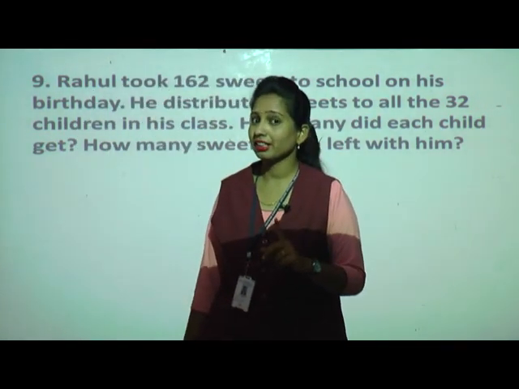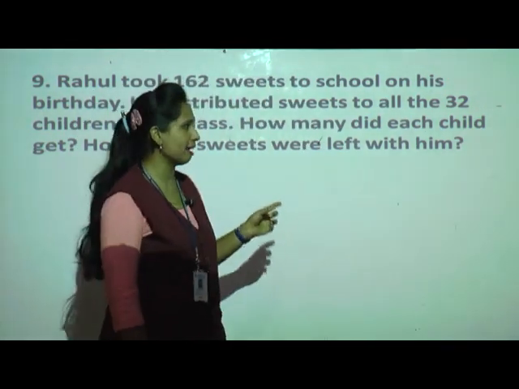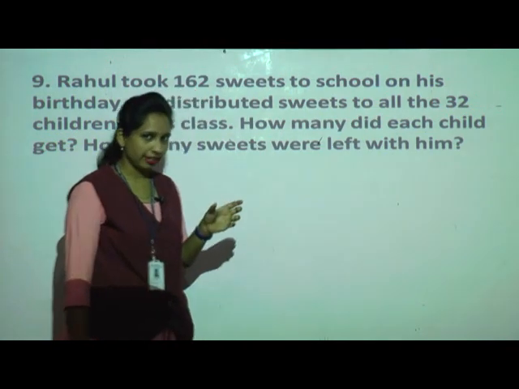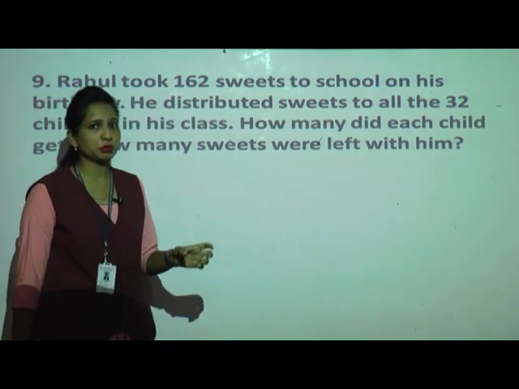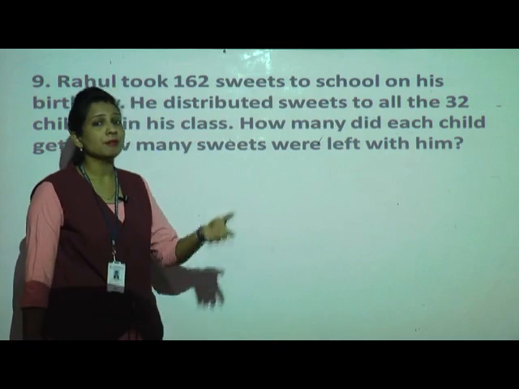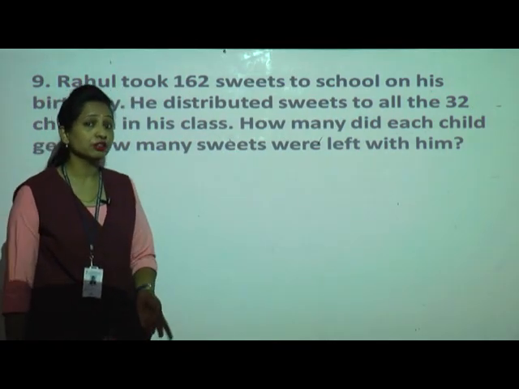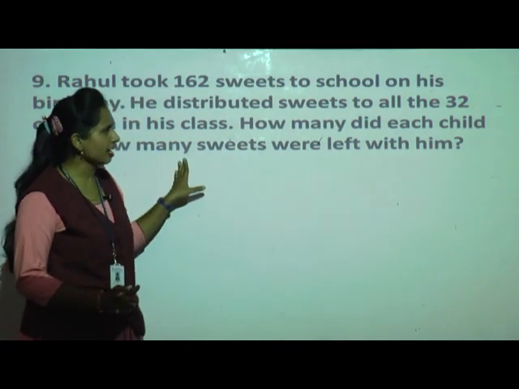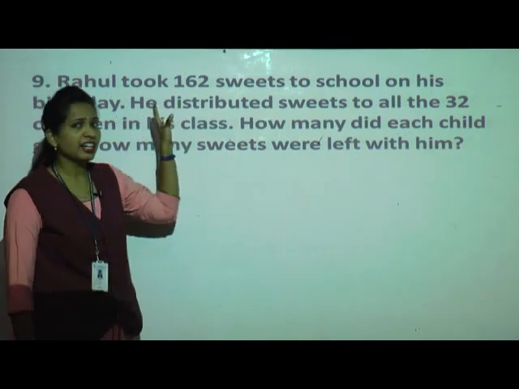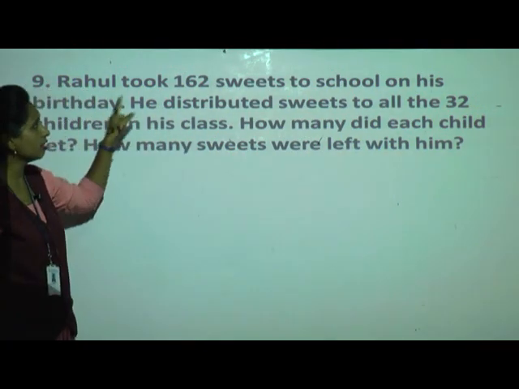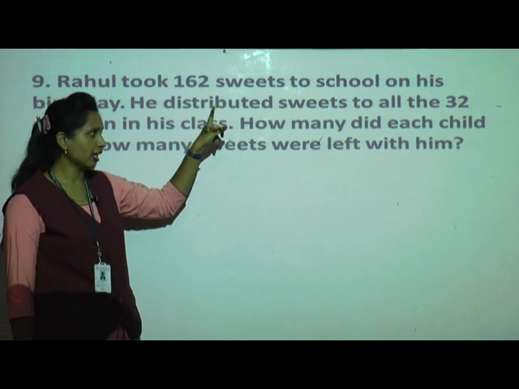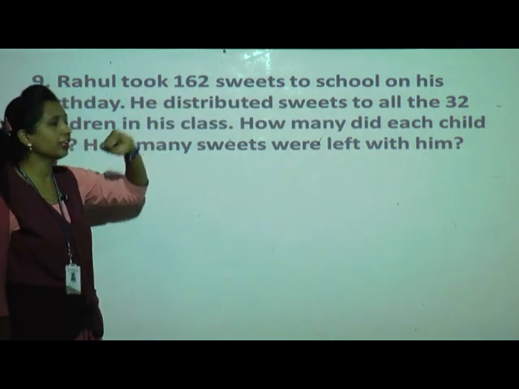See, do you remember in the beginning I have shown you the example of biscuit packet. If you bring biscuit packet to school, if you want to distribute among your friends, what you used to do? You used to divide. In the same way, on his birthday, what he brought? Sweets, isn't it?